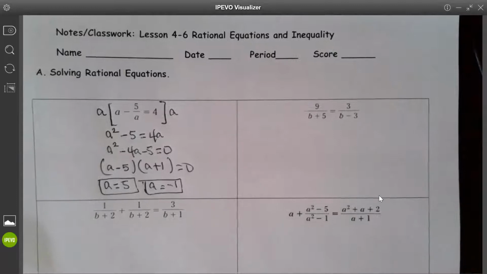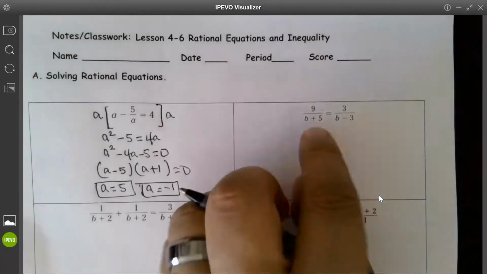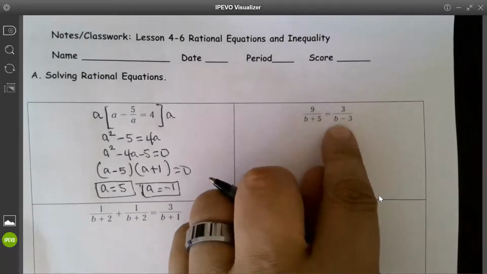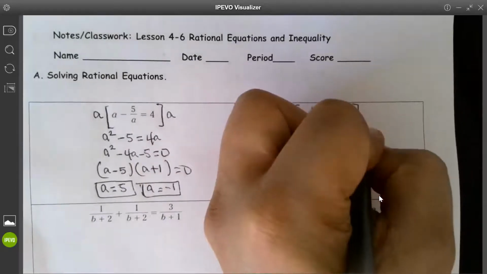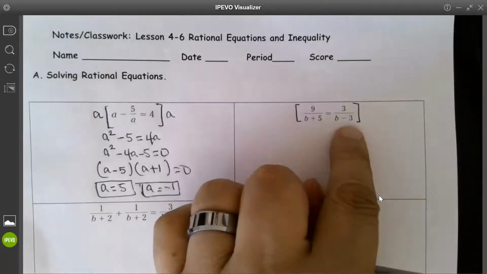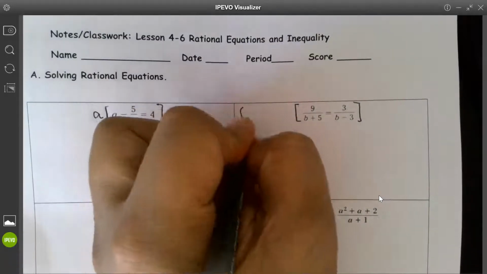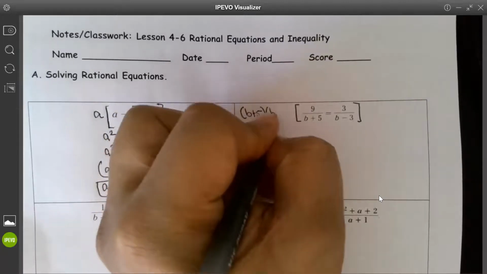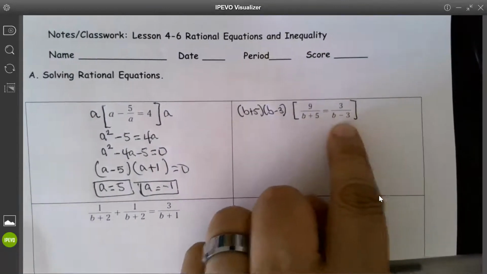Number 2. This one is 9 over (B plus 5) equals 3 over (B minus 3). So you're going to multiply by the least common multiple of the denominators, which will be (B plus 5) and (B minus 3).